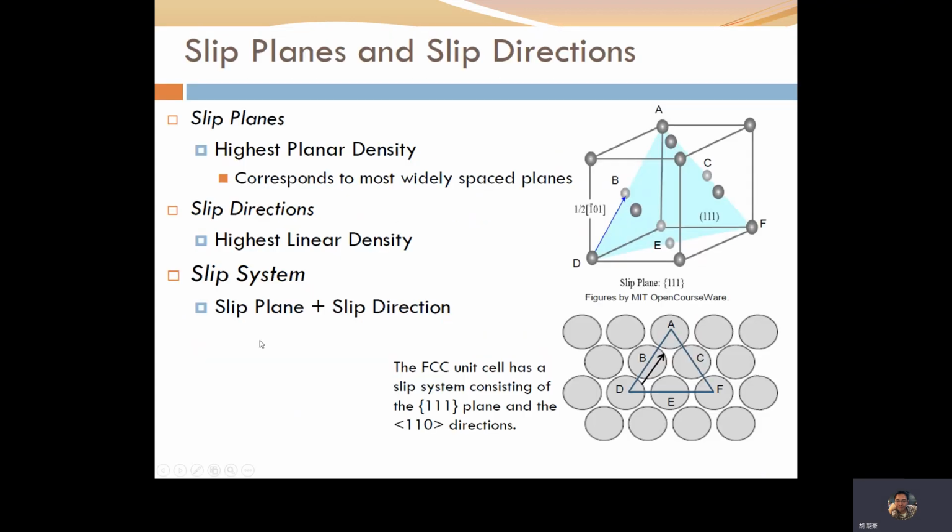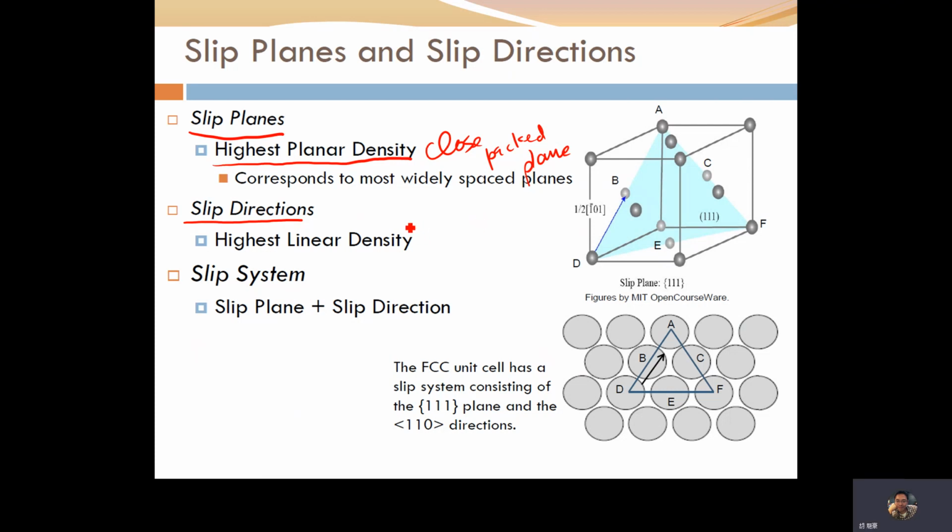Okay, so let's look at the slip system, which is composed of slip plane and slip direction, right? And the slip plane is the plane with the highest planar density, so that means it's the close-packed plane, right?